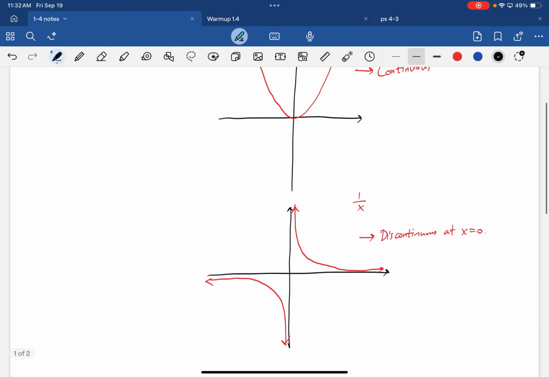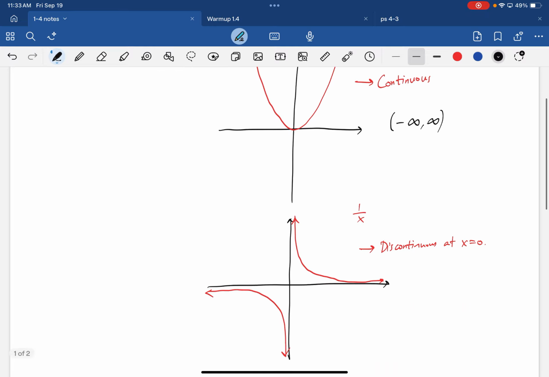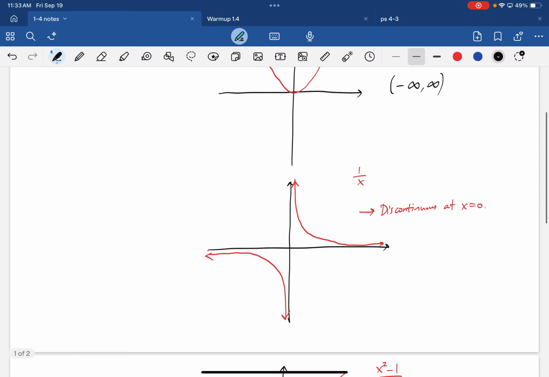So if we go back to these functions, the parabola is continuous on the interval negative infinity to infinity because it's continuous at all values of x, whereas this function would have an interval of continuity at everywhere except 0, right?